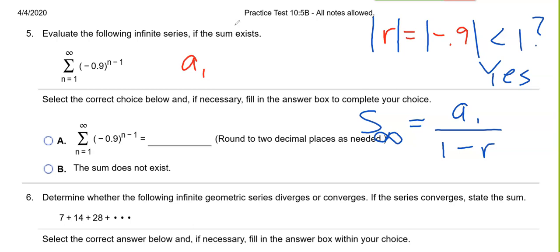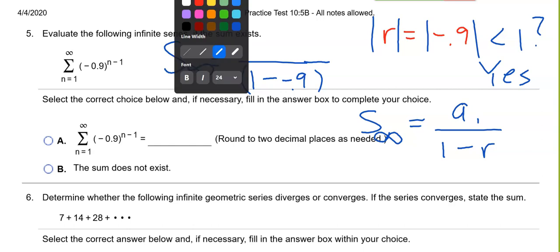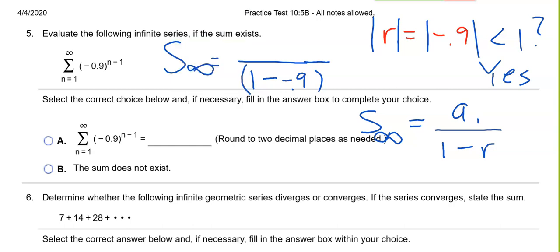Okay, so it's probably pretty easy to see what the denominator is going to be. What are you going to put on the top? What's the first term? If you don't know, plug in a 1.